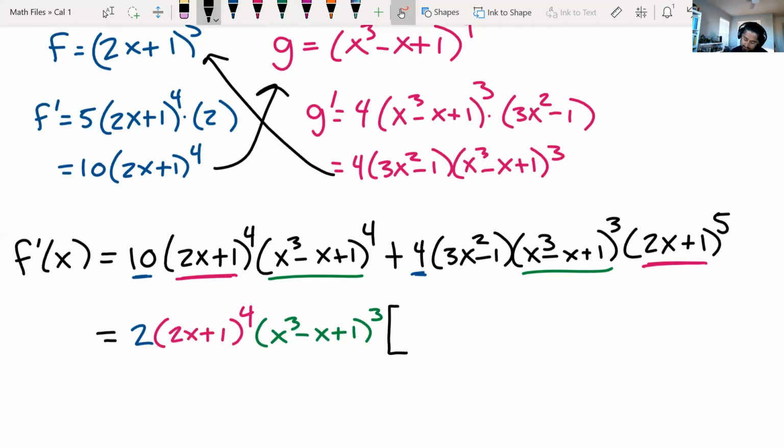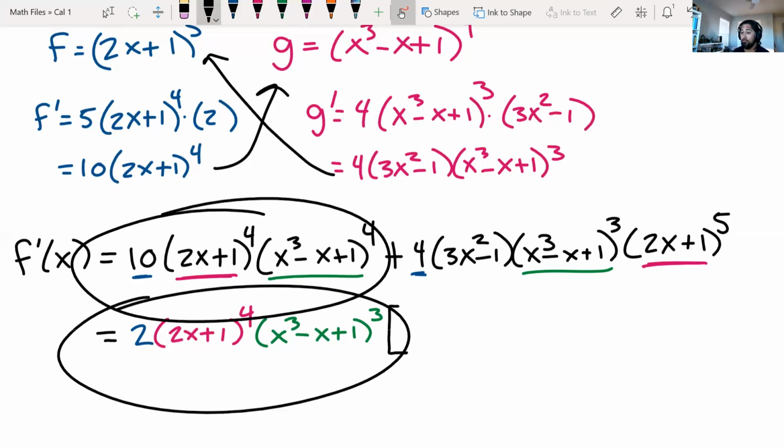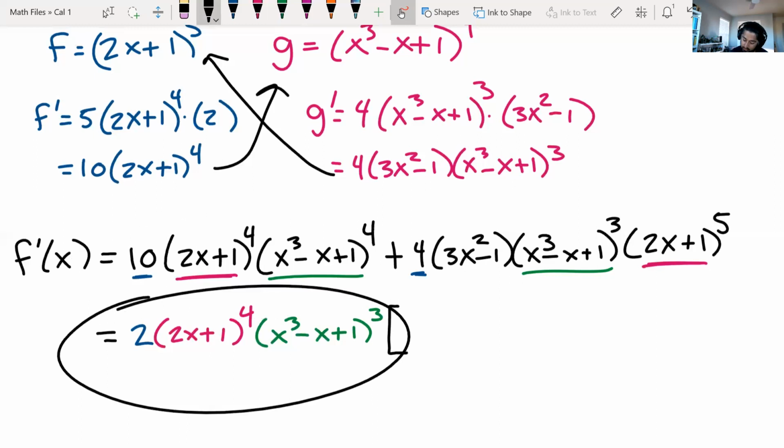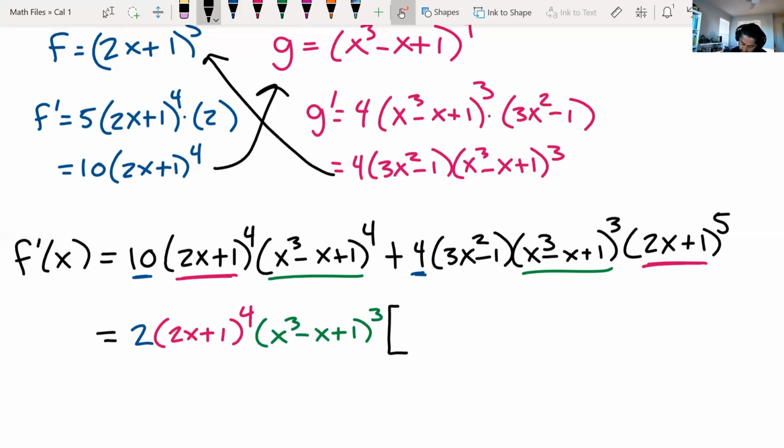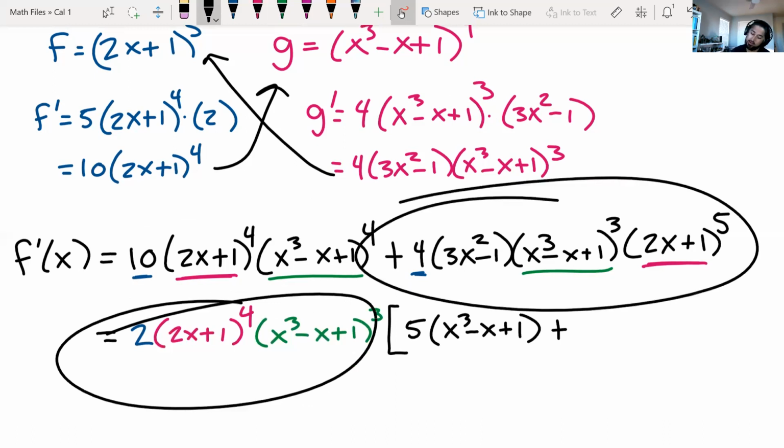Bracket for neatness. And now factor this from the very first term. What am I going to be left with? 5. And what else? And x cubed minus x plus 1. There you go. Plus, now factor all of this from all of that.